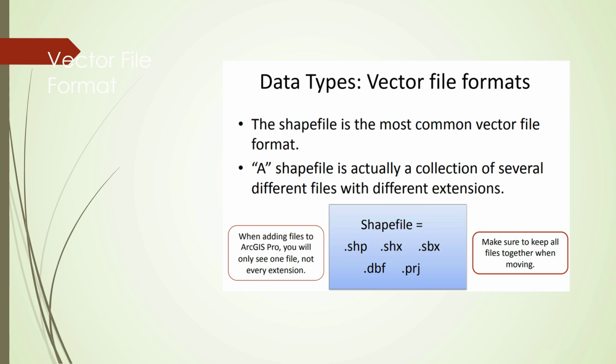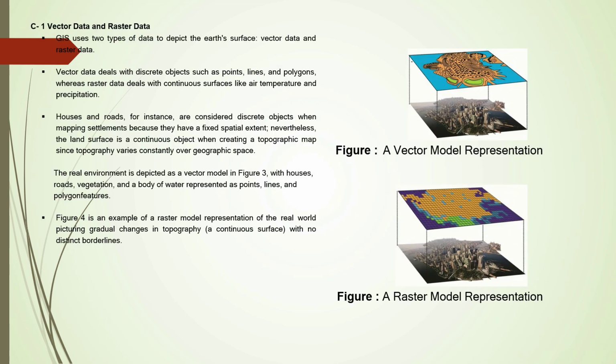It's also a collection of other formats. We have the .shp, which contains the map data. We have the .shx, .sbx, and .dbf. The .dbf is the one that captures the database, and then we have the .shx, another one that captures different formats.